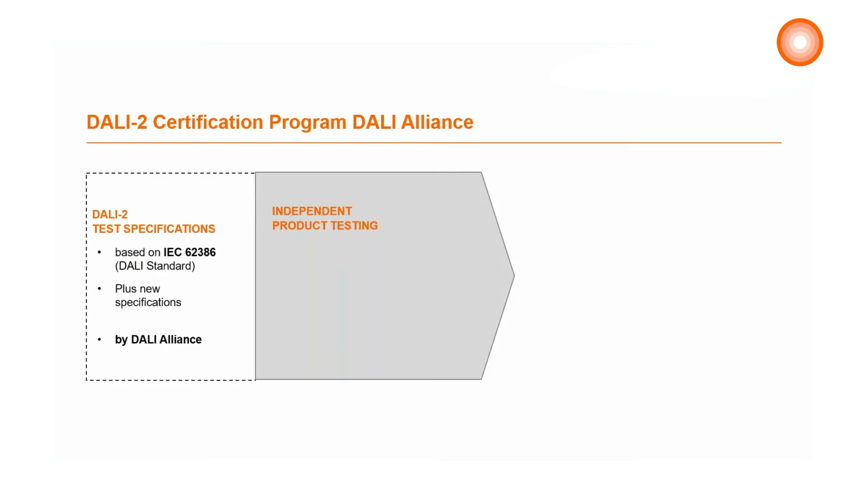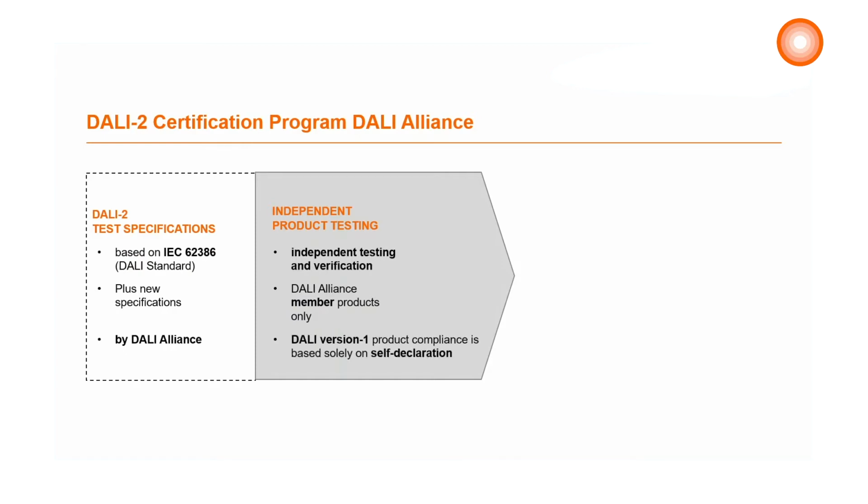The independent testing and verification is done by the DALI Alliance, a so-called third-party verification. Only DALI Alliance members' products can be tested there. DALI version 1 product compliance is based solely on self-declaration. So DALI 2 tested and verified products have a third-party confirmation.